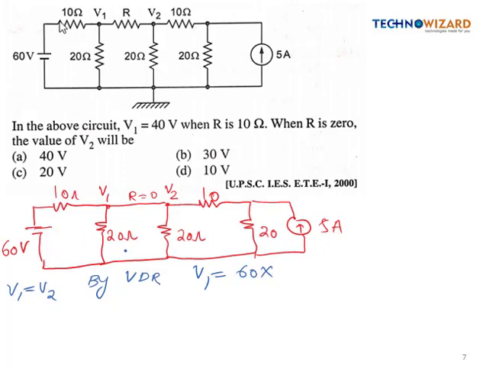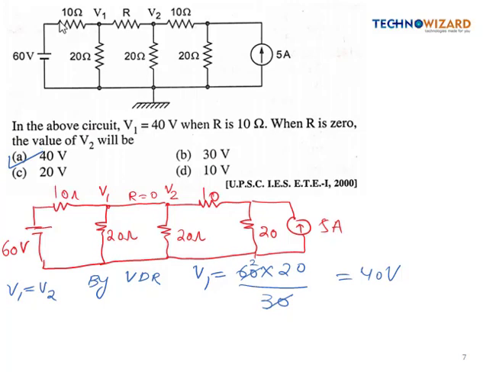So 20 divided by the sum of both, that is 10 plus 20 is 30. So V1 value is coming as 40 volt and V1 is equal to V2 because resistance is 0, so there will be no drop, hence V2 value will also be 40 volt. So for this question option A is correct, right?